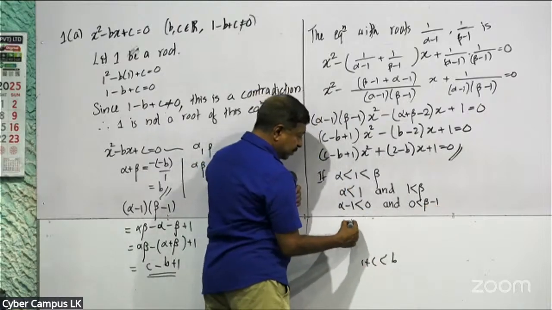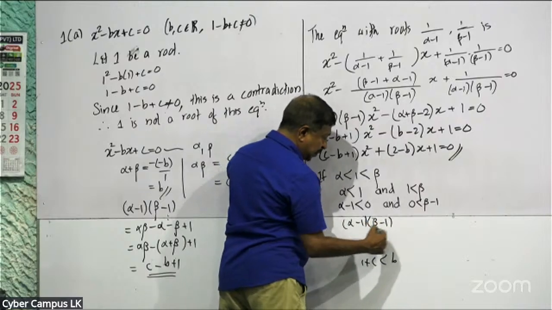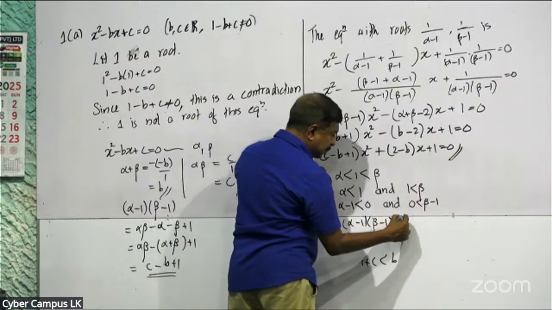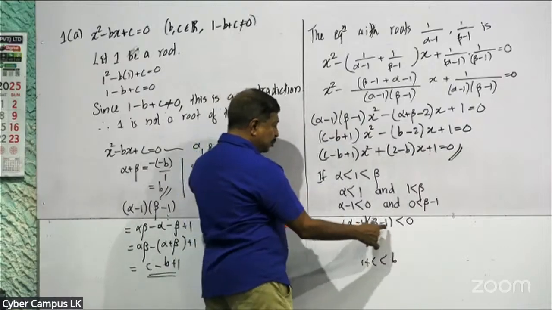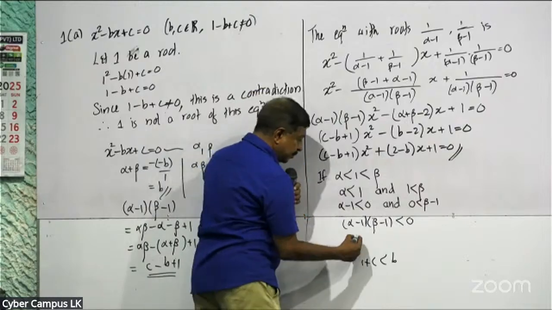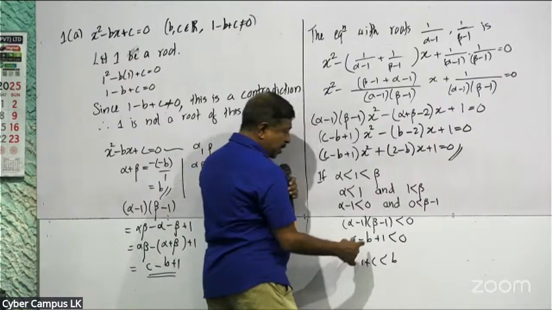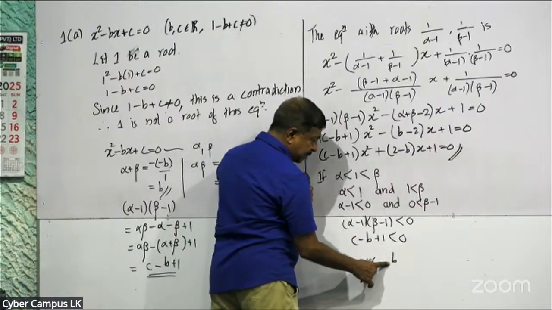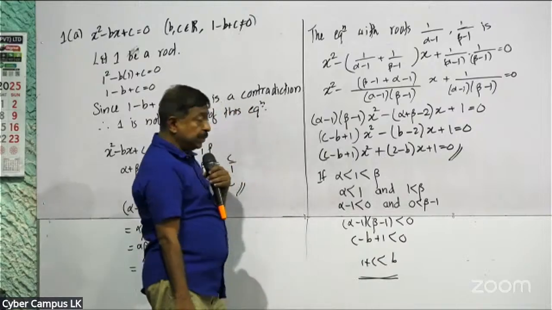That means if you multiply these two, the product is negative. Now you have a formula for this. It is C minus B plus 1, and C minus B plus 1 is less than 0. Bring that B to the other side. That's what you need to show.